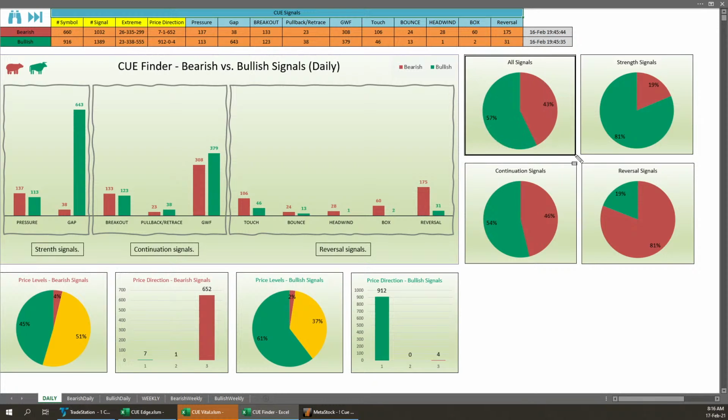Overall, it is slightly more bullish than bearish, 57% bullish. However, here also, using the daily interval, reversal signals are very bearish. 81% of reversal signals are bearish. Again, if the market rolls over, this may give lucrative shorting opportunities.